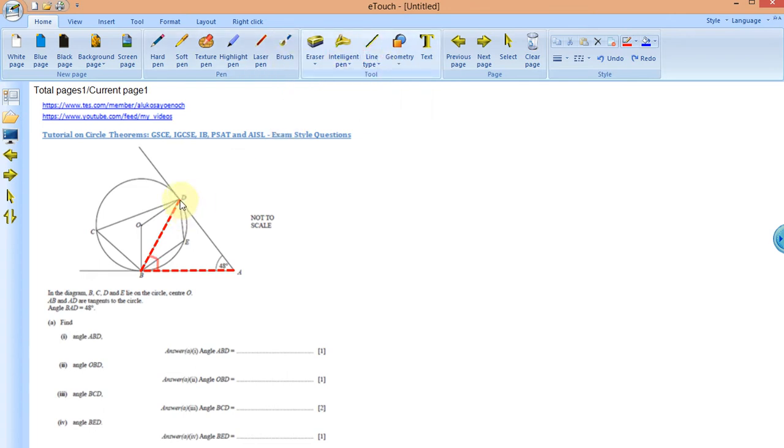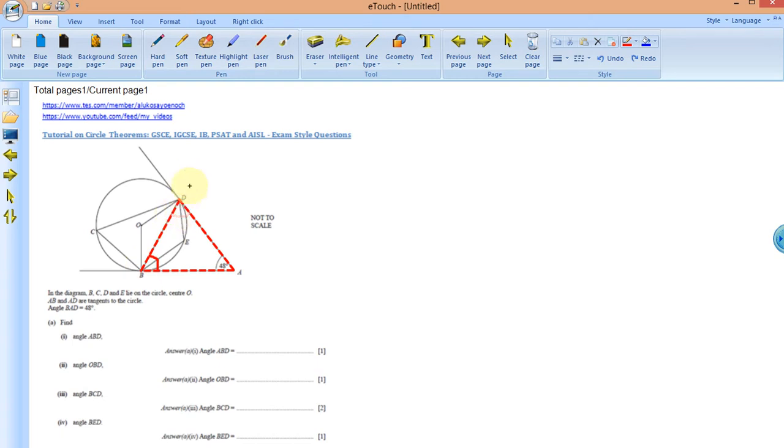Now we have triangle ABD, where angles B and D are the base angles of this isosceles triangle. So angle B and angle D are equal.